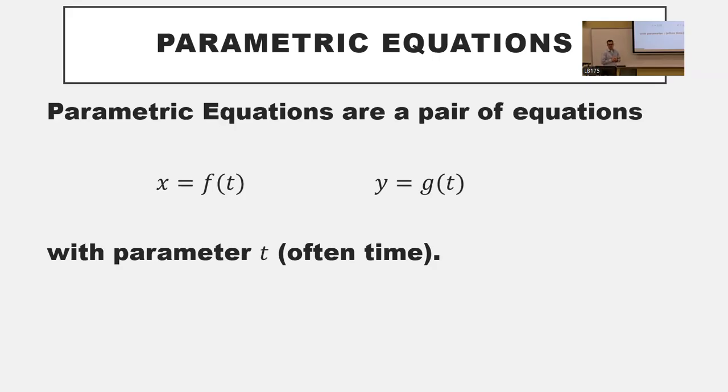with parameter usually t. Now, the reason we usually use t is because we think about traveling along that graph, and t is a time variable a lot of times. So often we think of t as time, like at time 0, where would you be located?